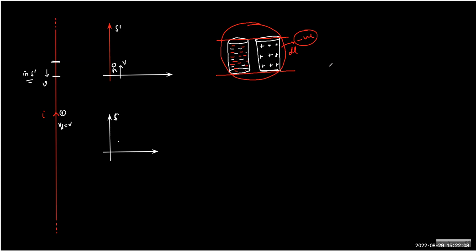The same length will not compensate, because the negative charge is more compact, more dense, and the positive charge is less dense. So the density of negative charge exceeds the density of positive charge, and therefore the same length of the wire will appear to be a charged wire, negatively charged, as I discussed.